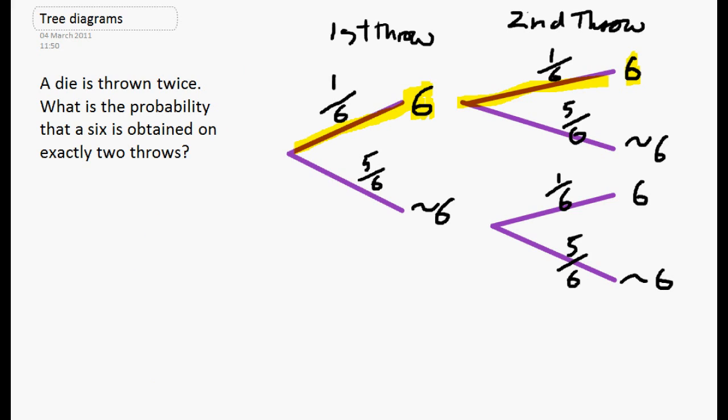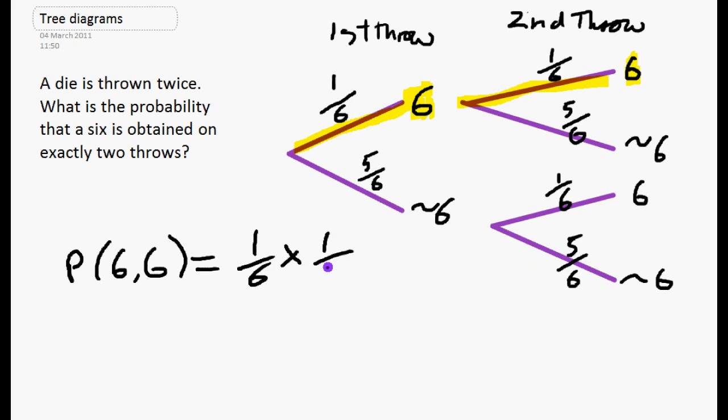Therefore, the probability of getting a 6 followed by another 6 is equal to 1/6 of, and another mathematical word for of is times, 1/6. So once we've had that 6, which only happens 1/6 of the time, 1/6 of the time again we get this 6. So we get 1/6 times 1/6, which gives us 1/36.